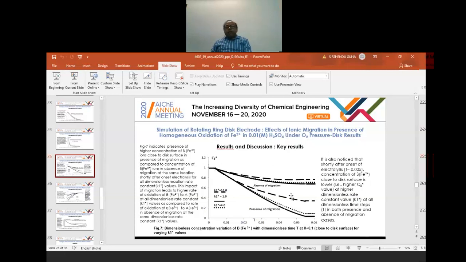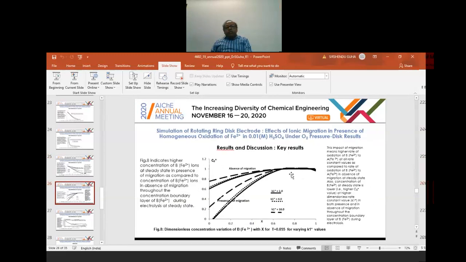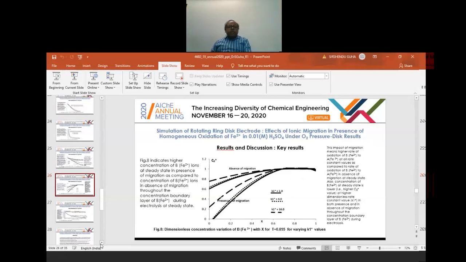So there is quite a good amount of dependence of concentration on migration. If the concentration of B is plotted against the dimensionless normal distance, we can also see that the absence of migration case versus the presence of migration case has quite a considerable effect on it.